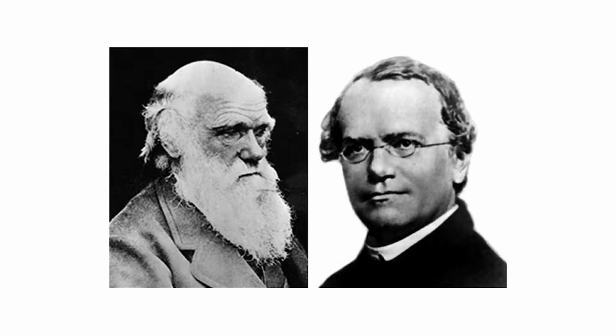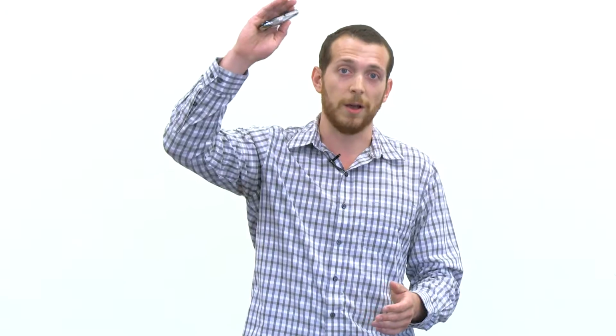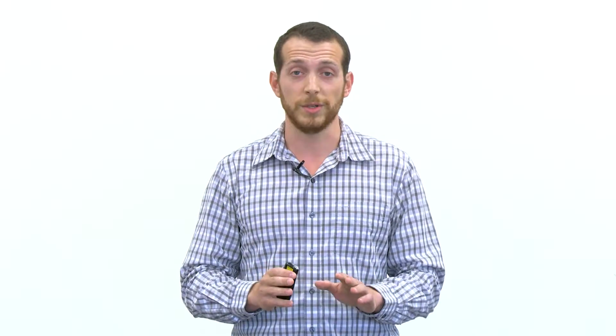This is the mathematical synthesis of Gregor Mendel and Charles Darwin. It is how we relate molecular genetics to large-scale evolution. Mutations arise at random and are passed on according to Mendel's rules. Over time, genetic variation accumulates in the population, potentially leading to the origin of new species.